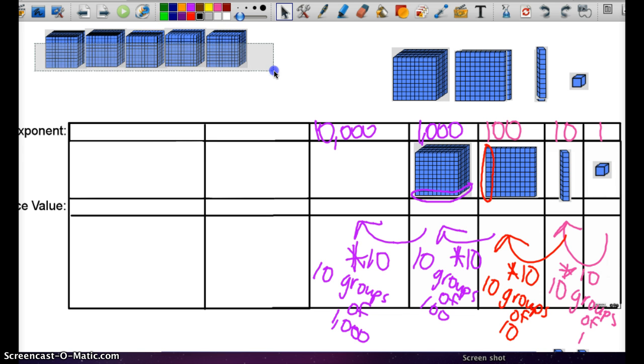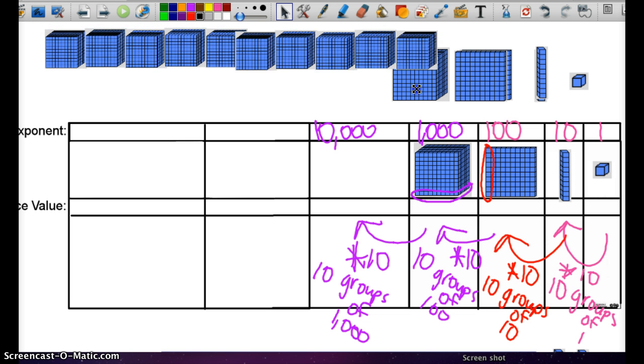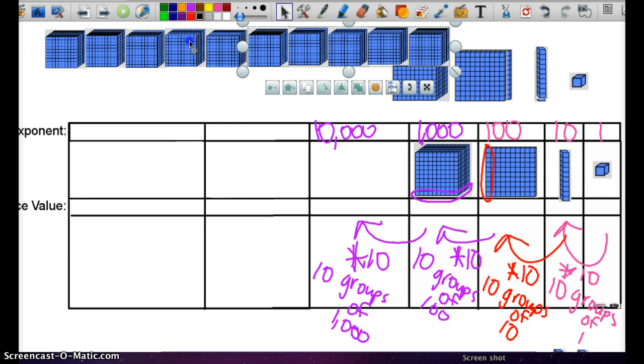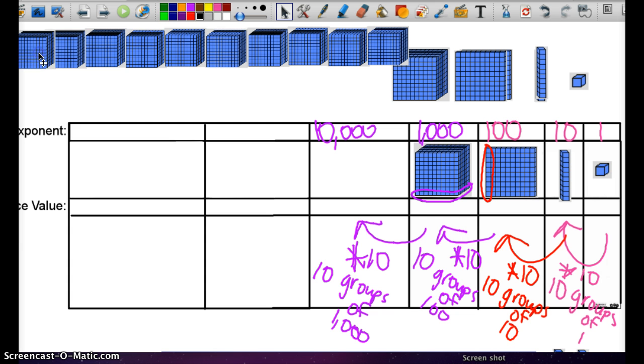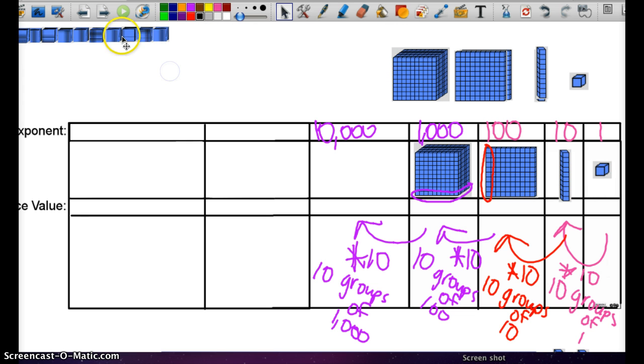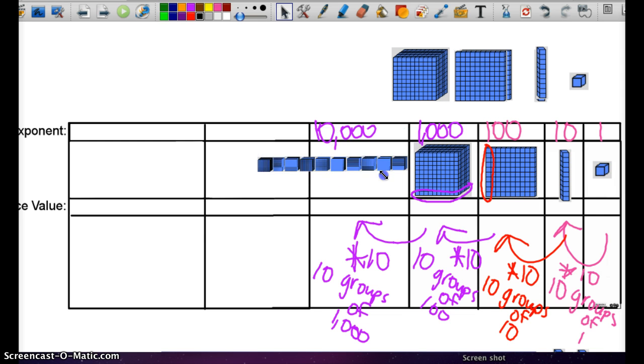So at this point we're at 5. And then here we are at 10. So actually this should form a rod. Let me move this over here, this should form a much larger rod. I'm going to make it smaller so that it can fit within this area. But it is 10 thousands, and it actually is a rod, following the same pattern that we've been working with.